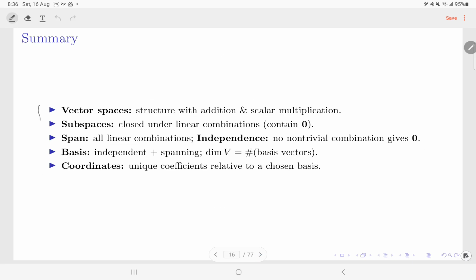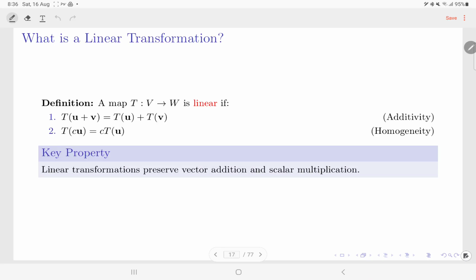Now we have already seen vector space, subspace, span of all the linear combinations, linearly independent and dependent, how vectors span a vector space, then coordinates and coefficients. Now let's do linear transformation.